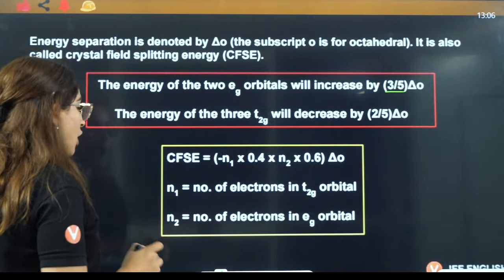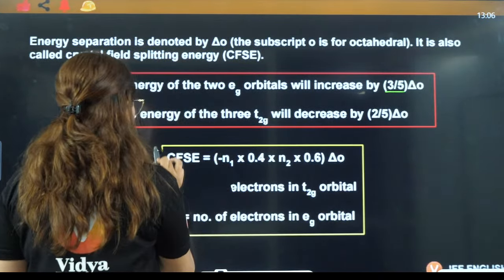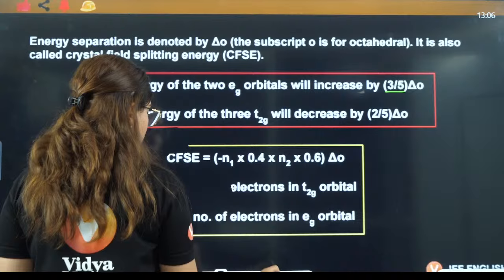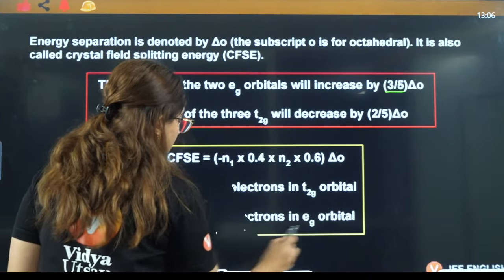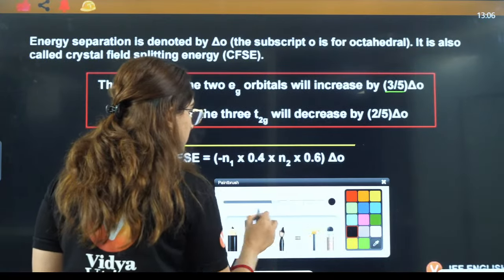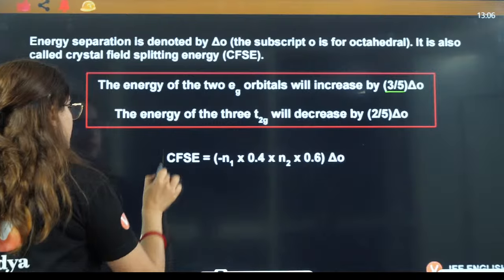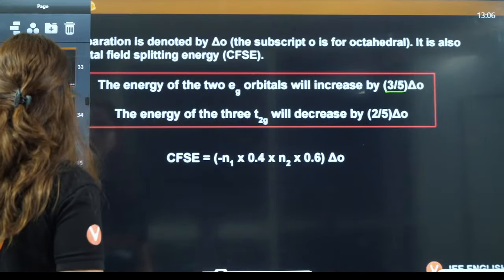So how can you remember the formula here? Directly you can remember just this formula and that will work. I think this formula is enough for you.